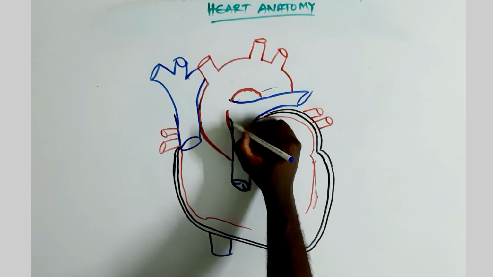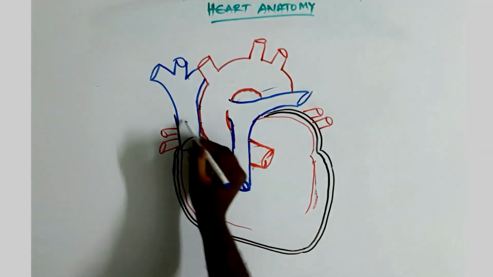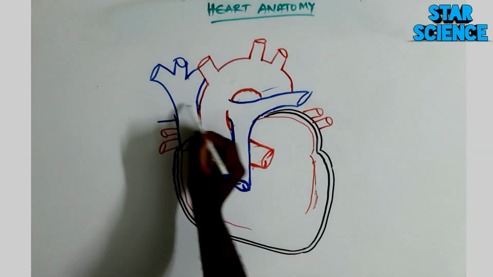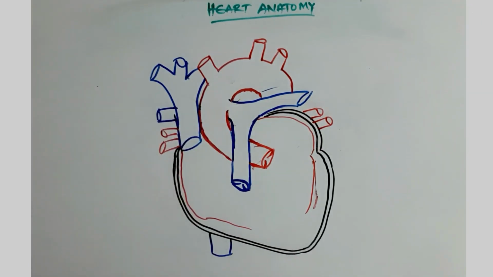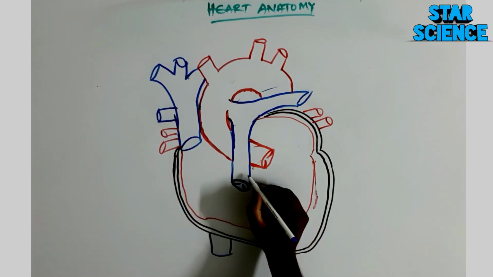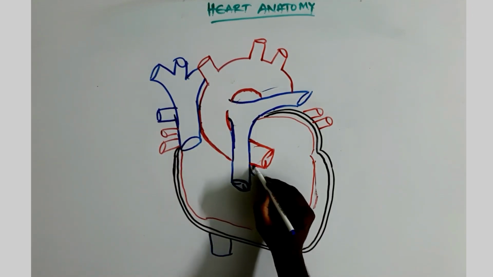Next, the layers; I will teach you in detail later. Firstly, there are three layers in our heart. The outer layer is called the pericardium, and it is divided into two layers. We will see that later in our lecture.